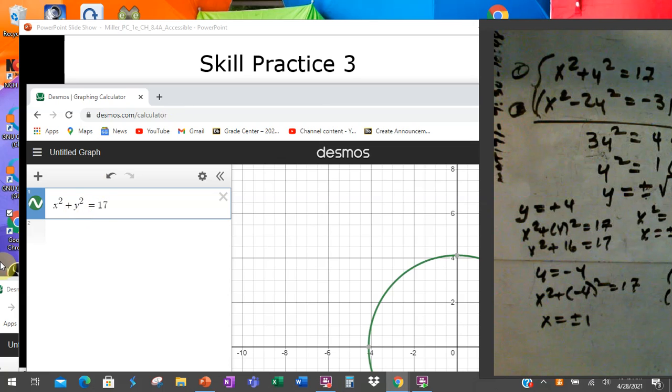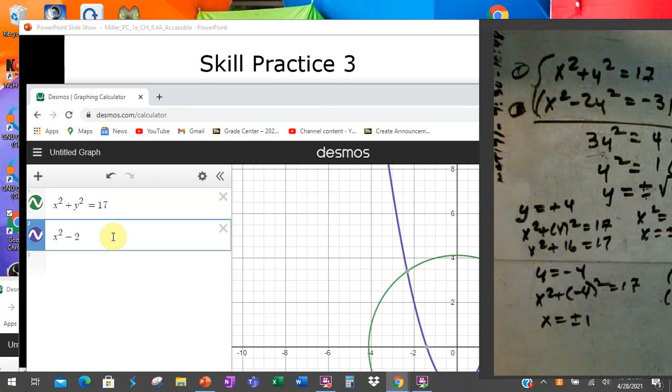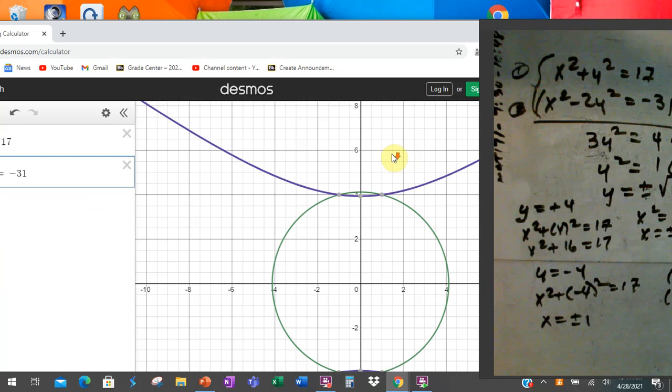So I get a circle out of this one, and then x squared minus 2y squared is equal to negative 31. So there's our solutions.